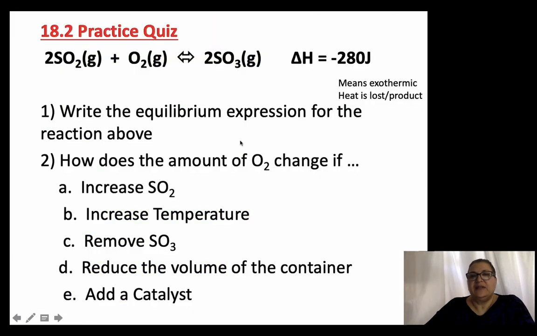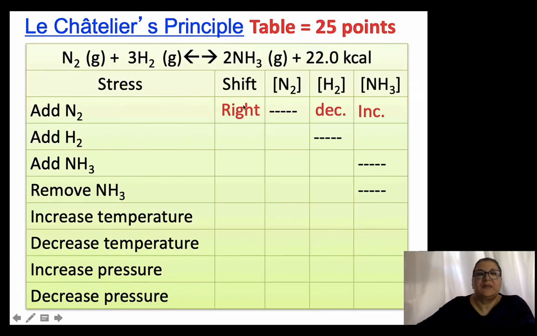Let's see if I have another one. Let's say we increase the pressure. Increasing the pressure is going to go to the side with the least, so it's going to shift to the right.